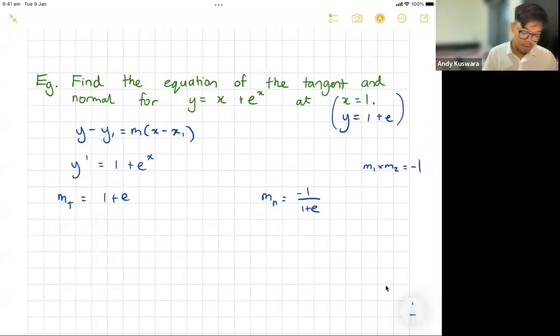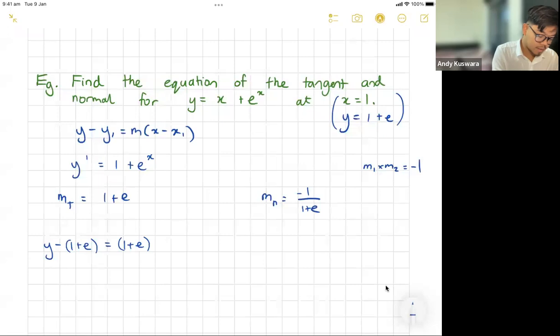So now that I've got that, let's plug it in. So it should be y minus y1. So in this case, the value for y1 is 1 plus e. Yeah, y minus y1. Be careful with your brackets here. Equals m. So let's do tangent 1 plus e.